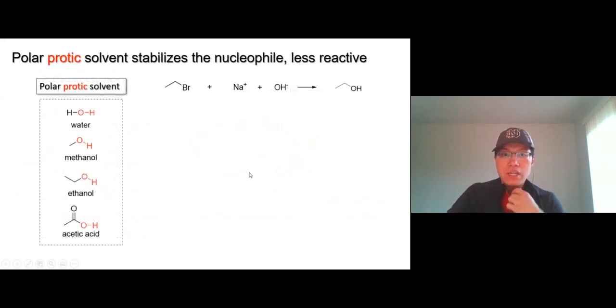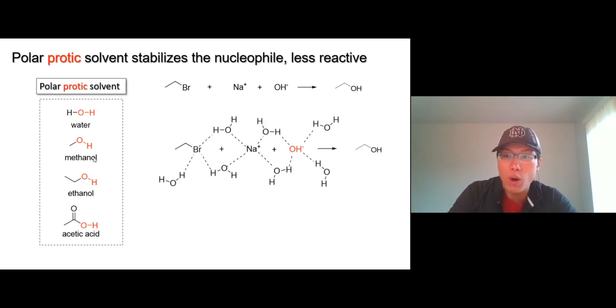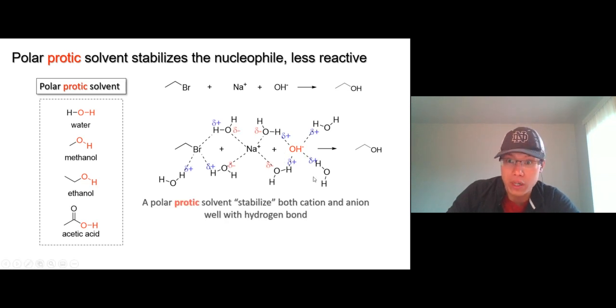All right. Compared to a polar protic solvent, which is a better solvent in terms of stabilizing any compound, any positive charge, any negative charge in the solution. Well, this is what we don't want to happen. It can stabilize both cation and anion. And when you stabilize an anion, the nucleophilicity of this hydroxide will be lower, right?